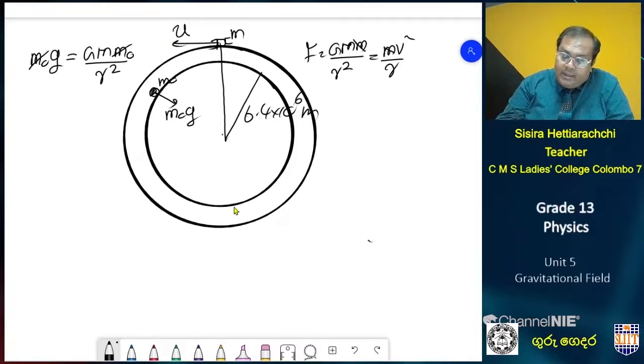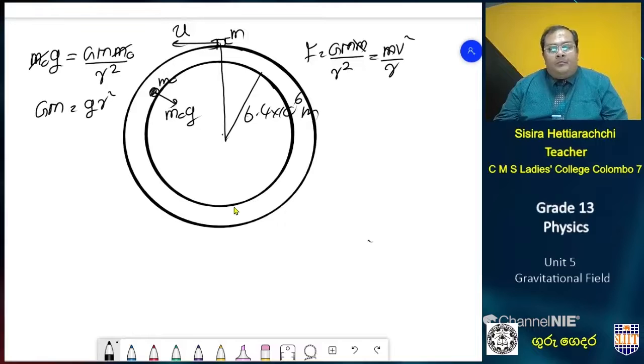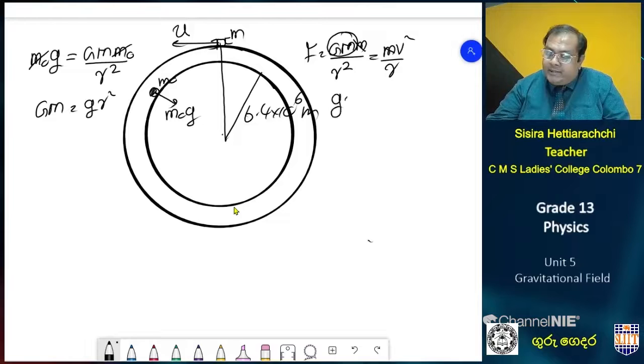Then I told you, instead of G M, you can write g R squared. Here also, instead of G M, we can substitute g R squared over R squared equals m v squared over R. m was getting cancelled, then you can remove m again.